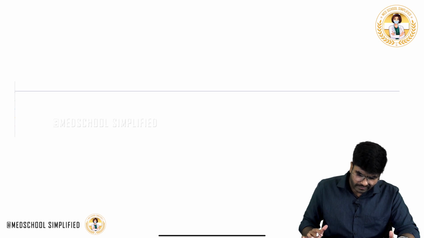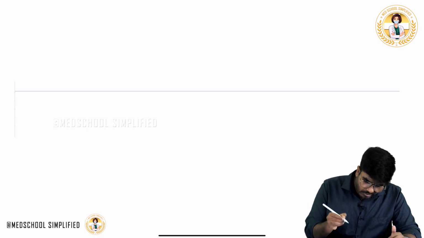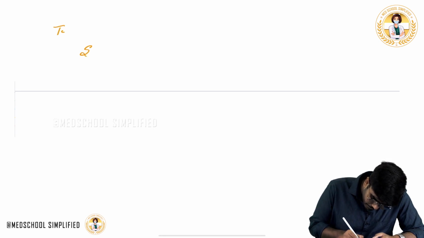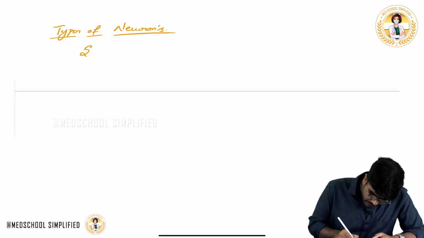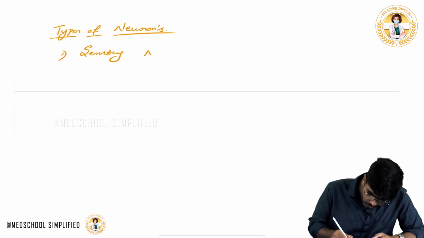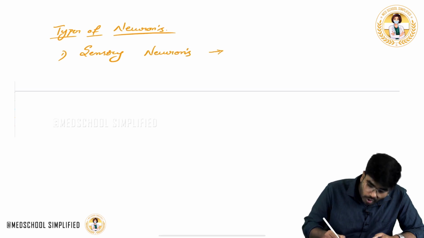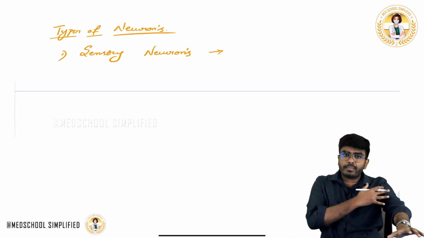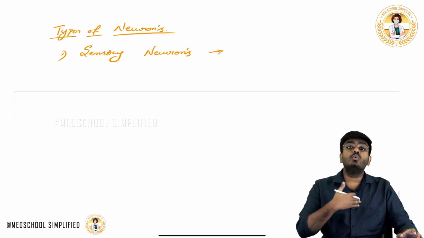After seeing different parts of the brain, now let's talk about neurons. How many types of neurons are there? First type of neurons are called as sensory neurons. So, what are sensory neurons? These neurons will take the information from the body to the brain.